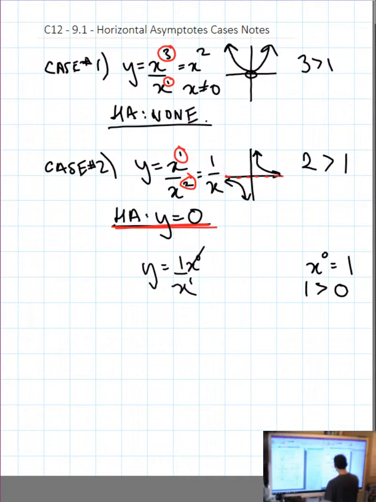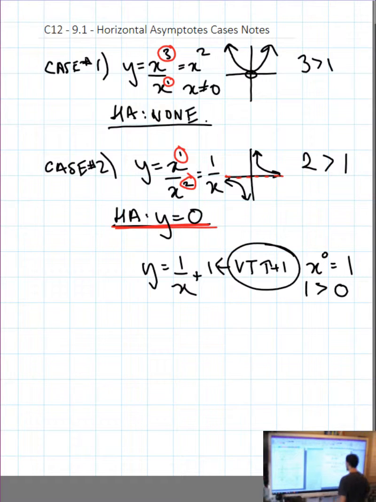But let's take a look at the same question, but let's shift that graph up 1. So we're going to go a little bit more into transformations in the next section, but we should know that this 1 simply does a vertical translation up positive 1, which means that we take our old graph and we just simply shift it up 1.